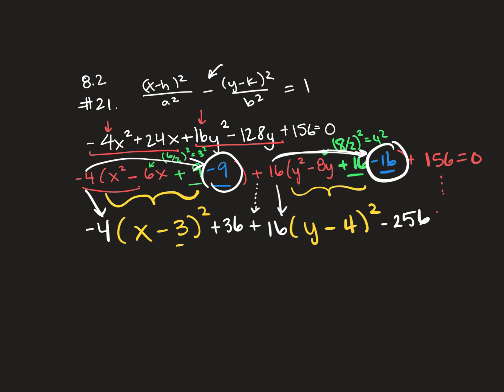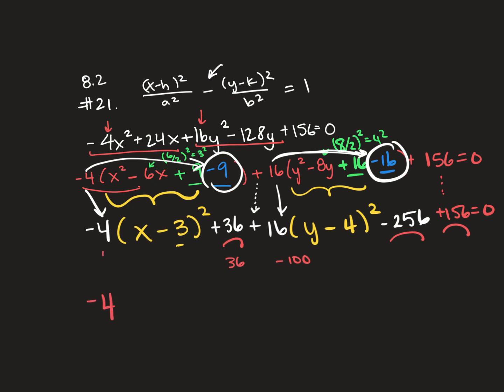And we still have that 156 equal to 0. So if we combine all of our like terms, we're saying that 36, the negative 256, and the plus 156 all have to go together. So kind of easier, negative 256 plus 156 is negative 100. So we'll be left with 36 and negative 100, which will be a negative 64.